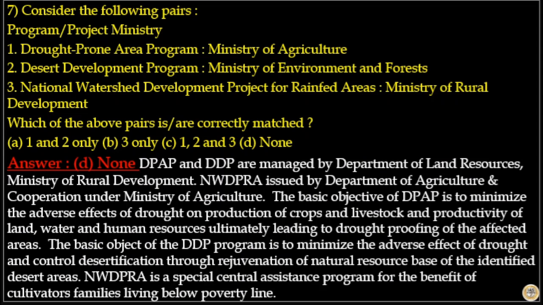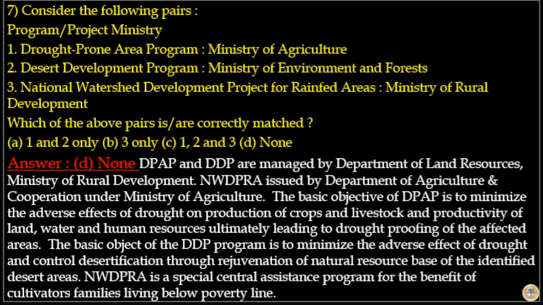Drought-Prone Area Program and Desert Development Program are managed by Department of Land Resources under Ministry of Rural Development. National Watershed Development Project for Rainfed Areas is issued by Department of Agriculture and Cooperation under Ministry of Agriculture. Hence, all the pairs are incorrect.